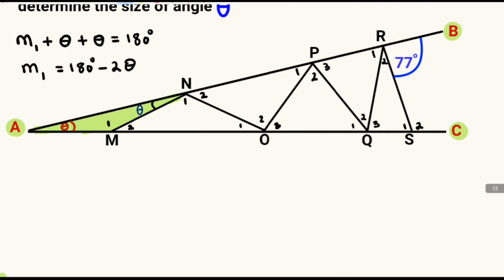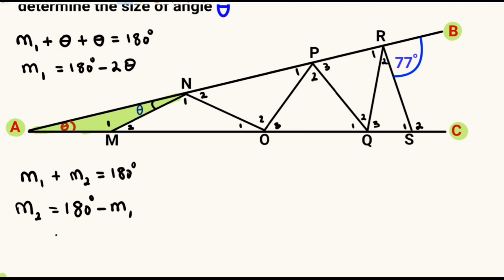We move on to determine M2 in terms of theta. We also know that the angles on a straight line add up to 180 degrees. So M1 plus M2 will be equal to 180 degrees. So our M2 will be equal to 180 degrees minus M1, but our M1 in terms of theta will be equal to 180 degrees minus 2 theta.